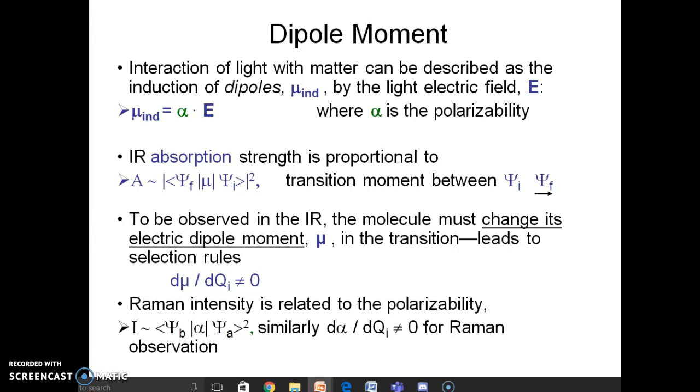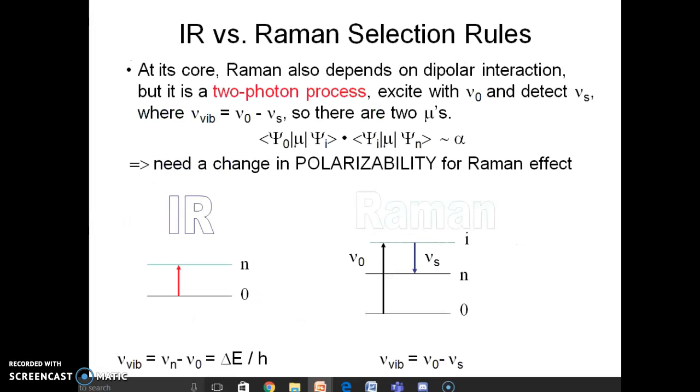To be observed in the IR, the molecule must change its electric dipole mu in the transition, which leads to the selection rule d mu by dq_i not equal to 0. Raman intensity is related to the polarizability, which is given by the equation below. At its core, Raman also depends on dipolar interaction, but it is a two-photon process.